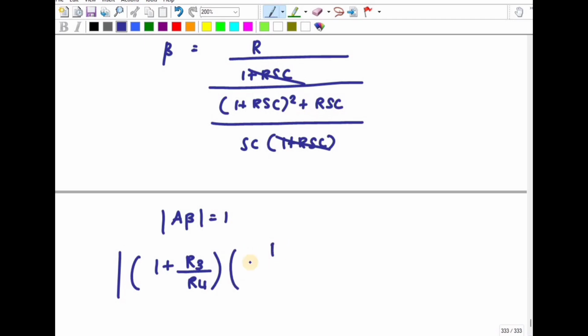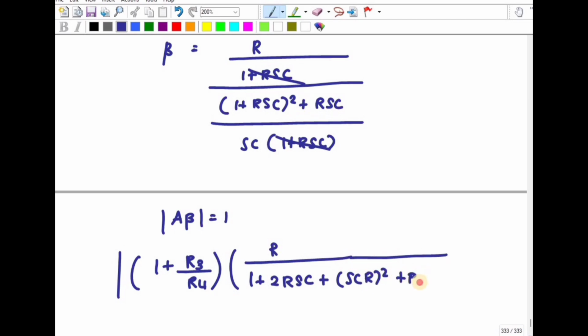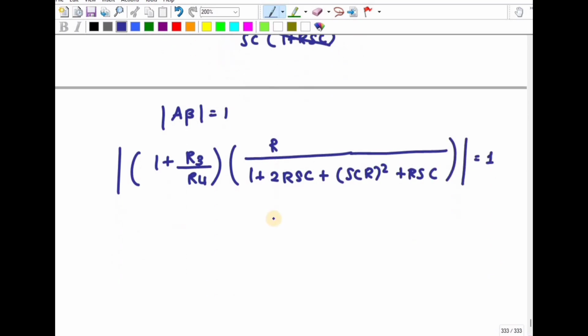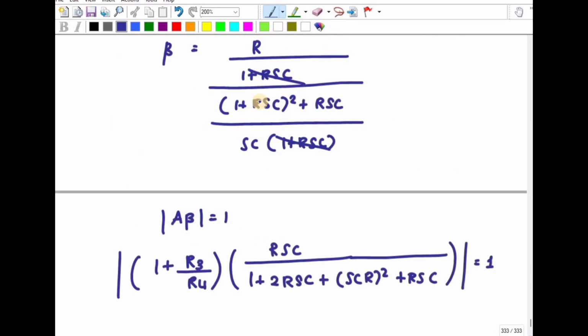Beta is R divided by, if I simplify this equation, plus SC R the whole square plus RSC, that is equal to 1. So if you substitute and simplify, you will get these equations plus RC.